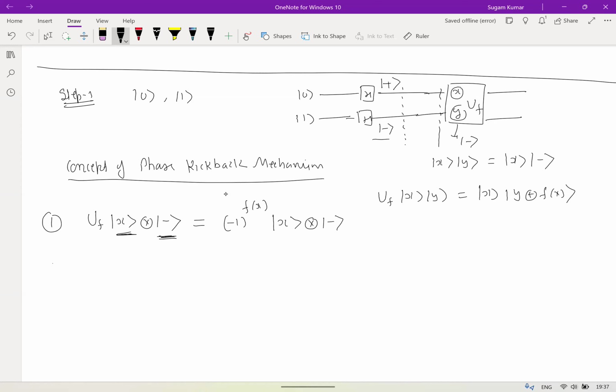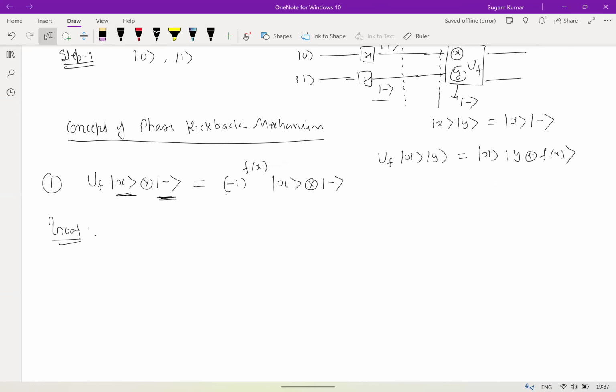Okay, so let's prove this. I have written it, but I can prove it. First of all, see what happens when I take X tensor product with the minus state. I will keep the 1/√2, keep X as such, tensor product, and this is nothing but 0 minus 1.